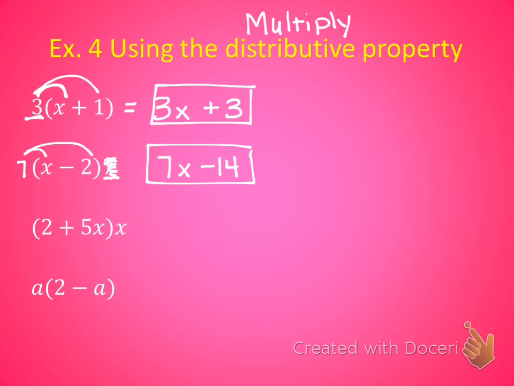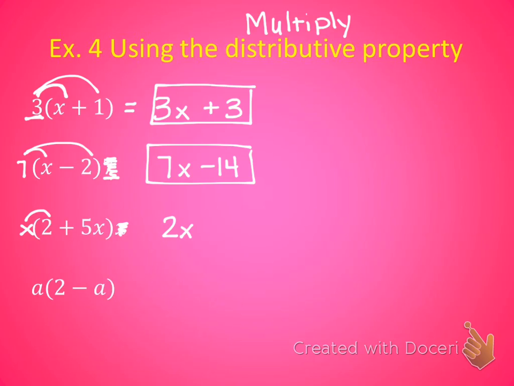Okay, same thing with this next one. I'm going to move the x to the front. Now, if you can work with the x at the back and you say, oh, I like doing it that way with the x at the back, it doesn't bother me, that's fine. It's just different people's brains work different ways. I like to see the distributive property at the front. It's just how I like to do it, okay? So x times 2 is 2x.